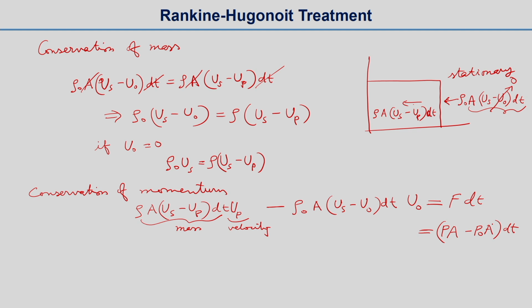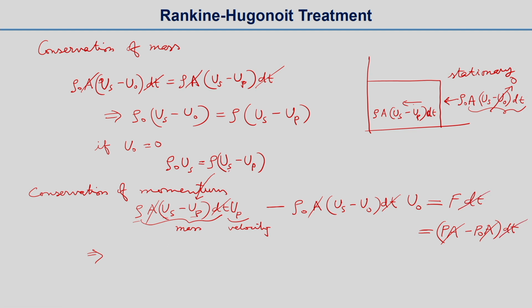Now if we try to simplify it with mass conservation, we can cancel all the A's and also dt.